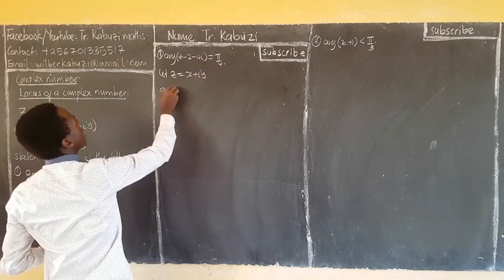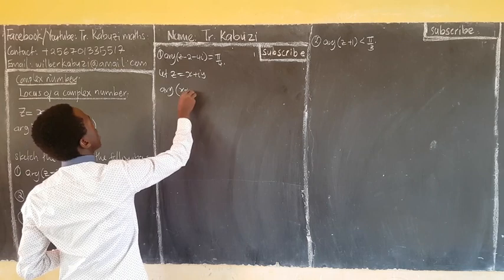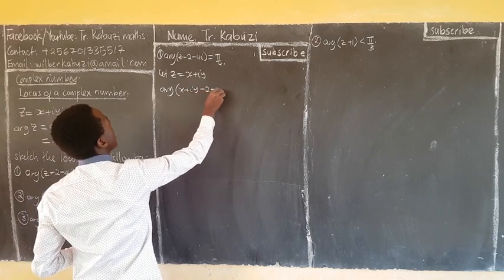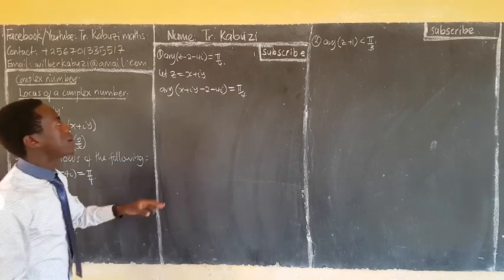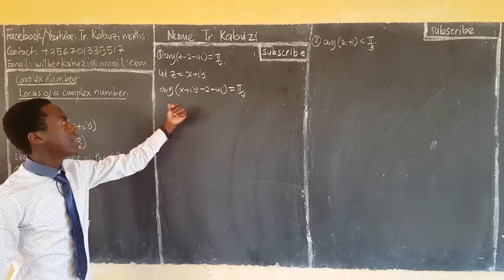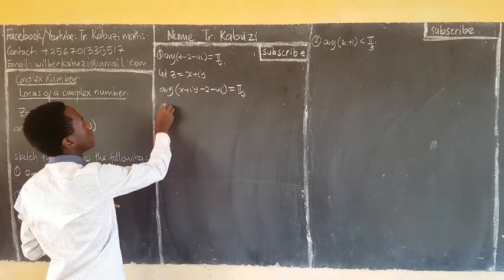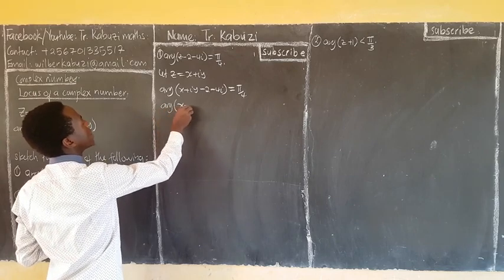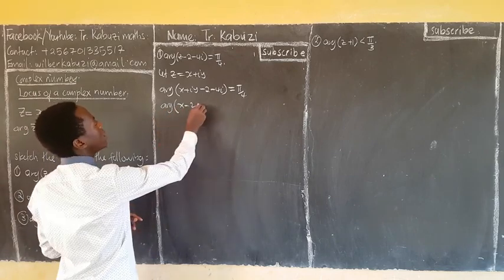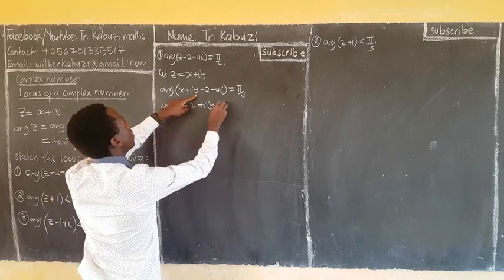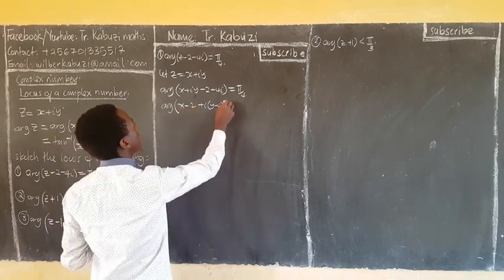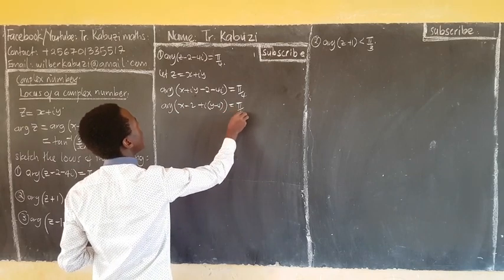Putting that in, I have arg of (x plus iy minus 2 minus 4i) equaling pi over 4. Now so that I can express this into real and imaginary, this will be arg of (x minus 2, the real, plus i into y minus 4) equaling pi over 4.